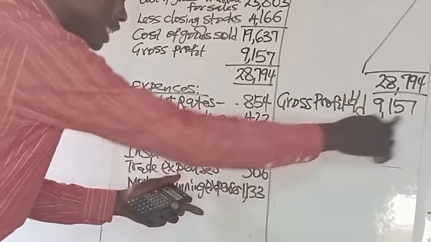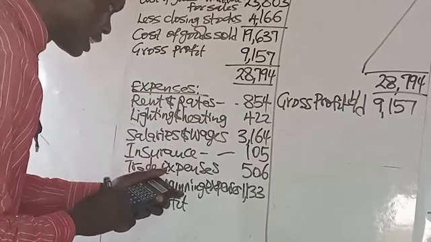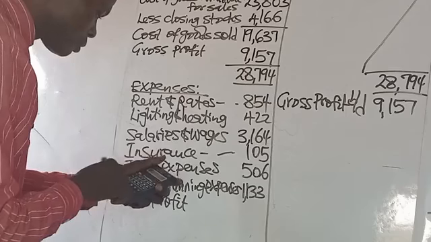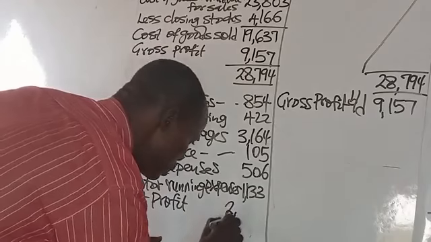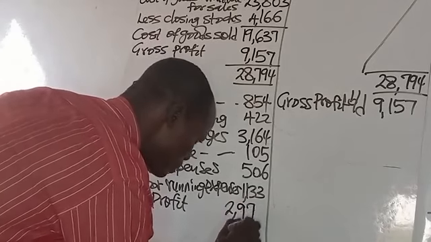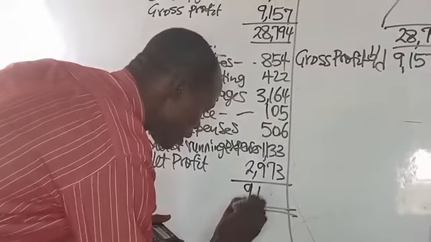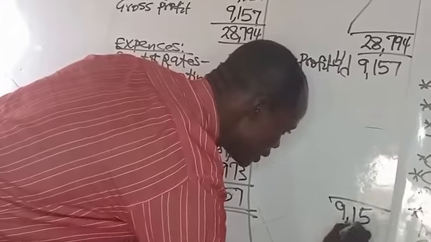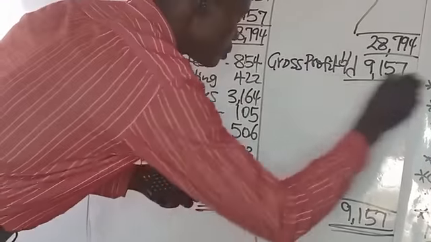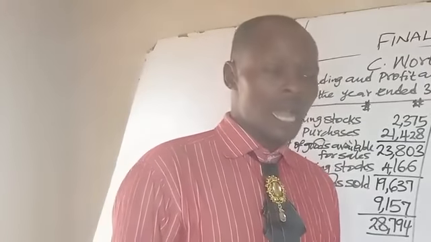So we have the difference of 2,973. That is our net profit. So we now have 9,157. So that is the trading and profit and loss account.